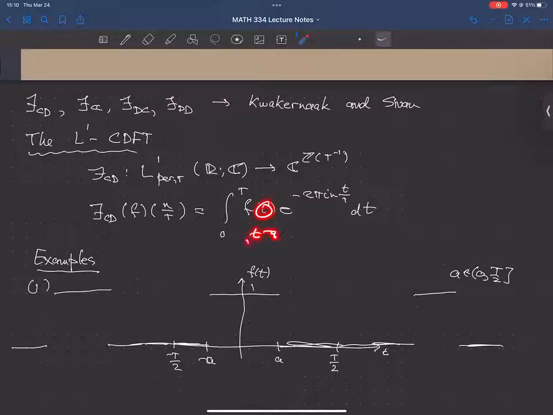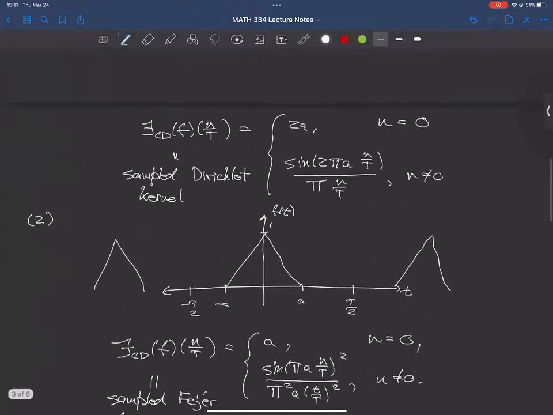So I'm going to replace t minus a with t prime, making a change of variable. Then up here, I get t prime plus a, and dt prime. You have to mess with the limits of the integral, but it ends up being 0 to T again because of periodicity. So you get t prime plus a here, and the a pulls out front of the integral because it's independent of t prime.